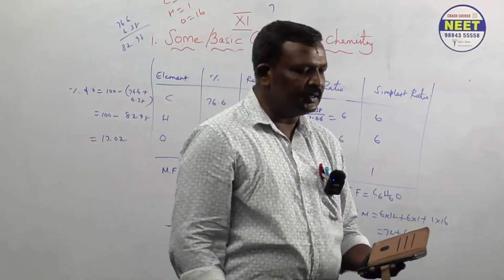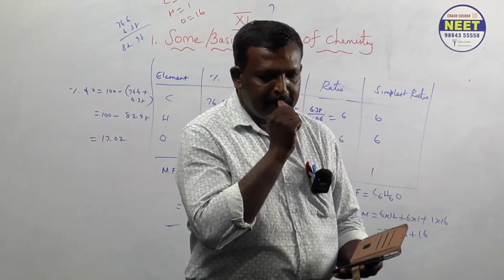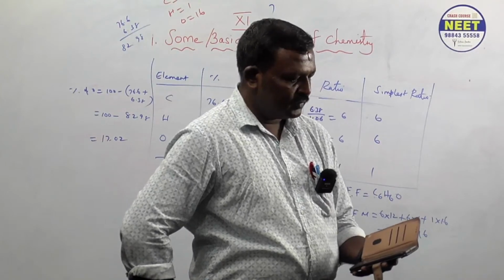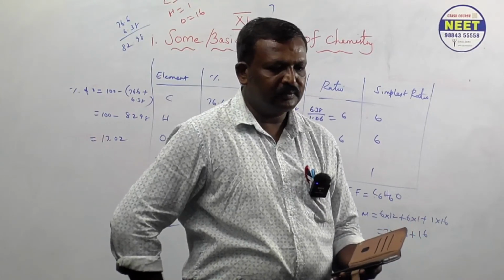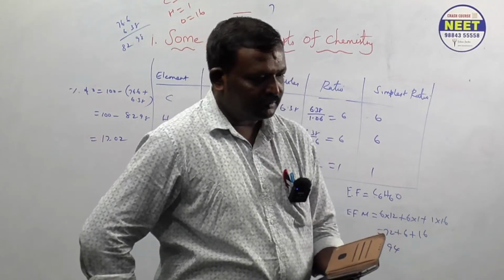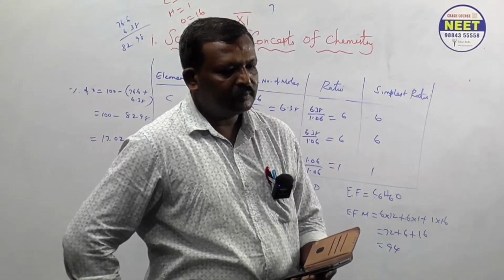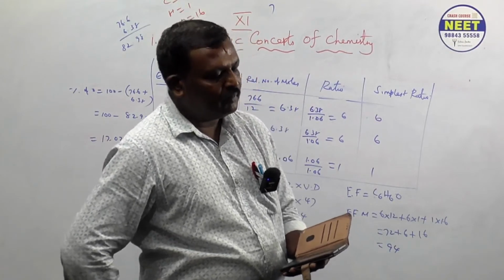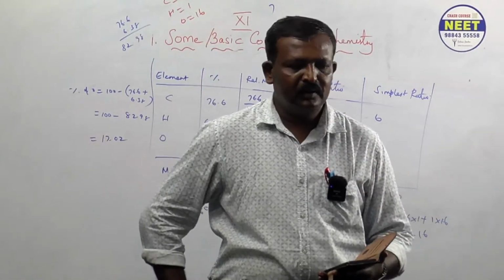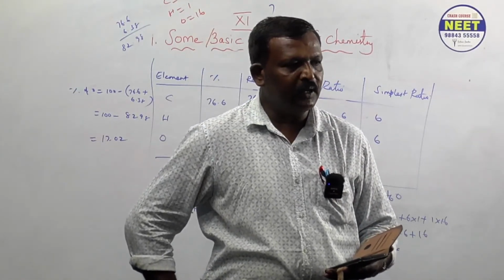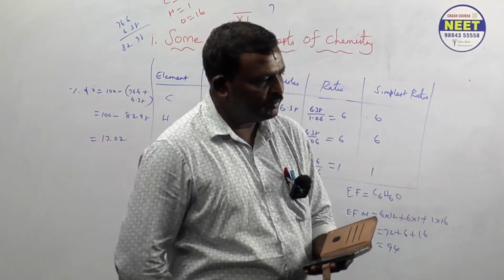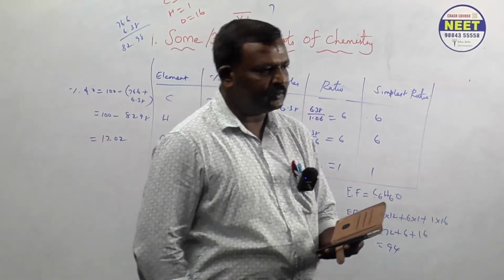An organic compound contains carbon 80% and hydrogen 20%. Find the molecular formula, and its molar mass is 30.